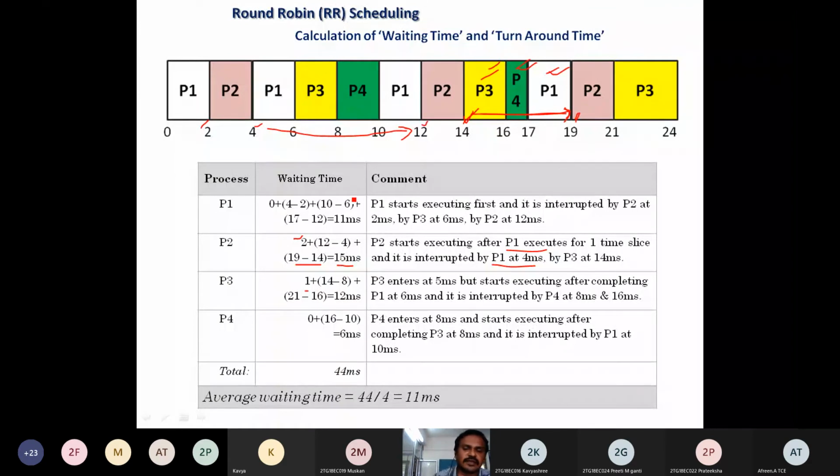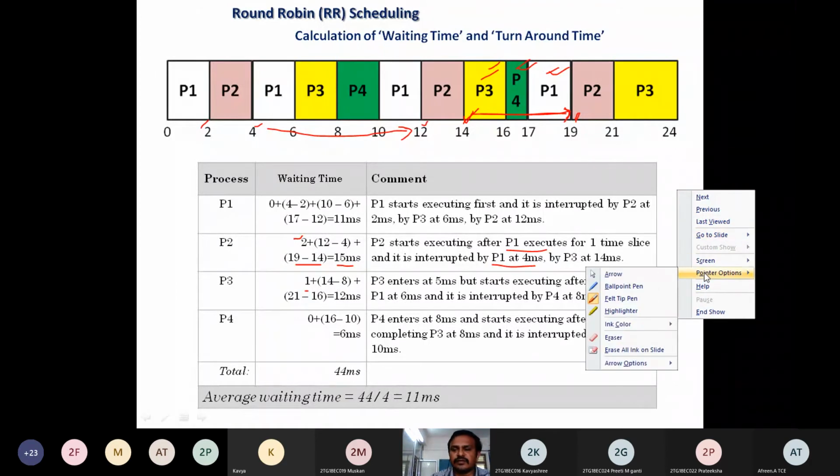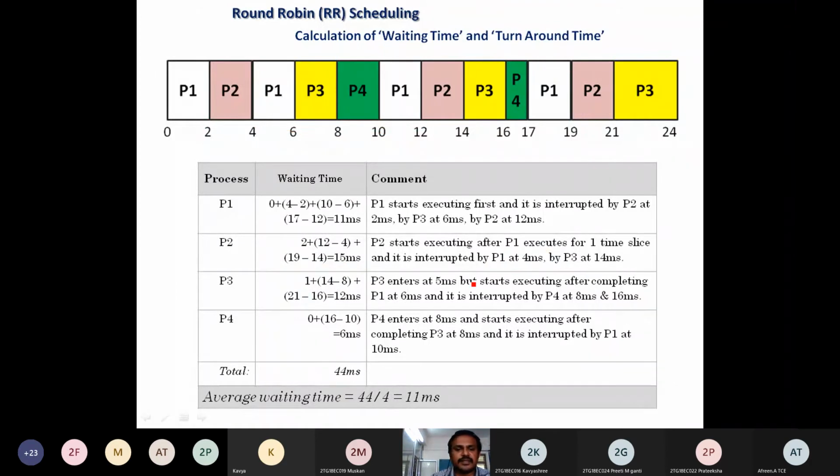Then go for the same calculation for P3. What about P3? P3 enters at the 5th millisecond, but starts executing after completion of P1 at 6 milliseconds. So what is the overall time period?